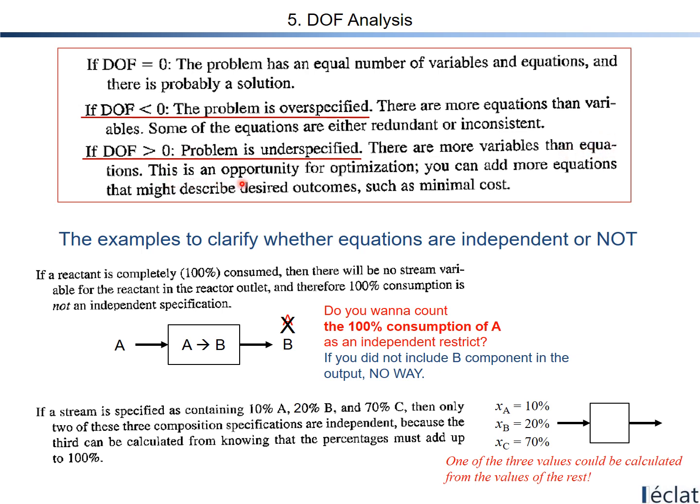This is an opportunity for optimization. You can add more equations or more conditions that might describe desired outcomes, such as minimal cost or something. So you should add more information into the problem.